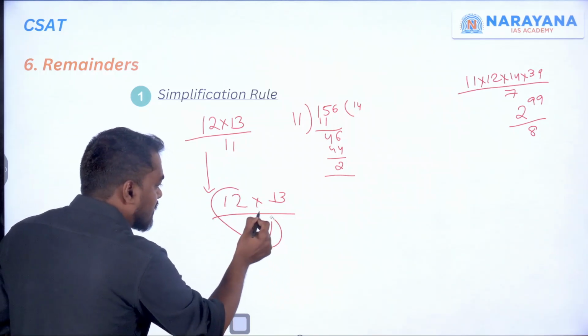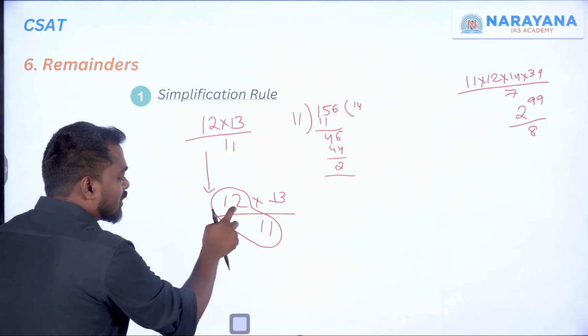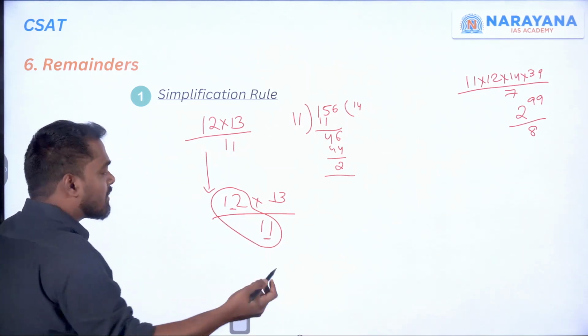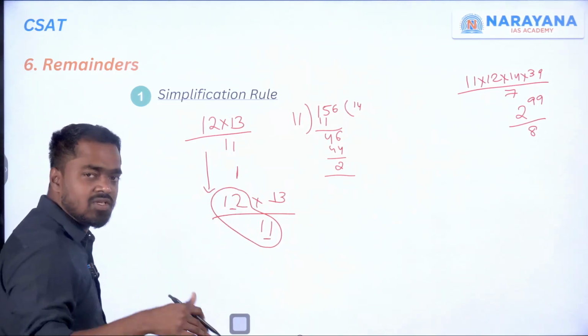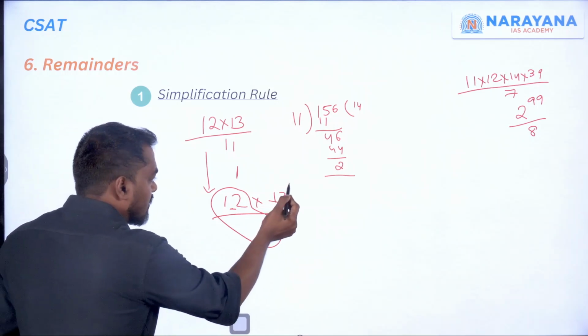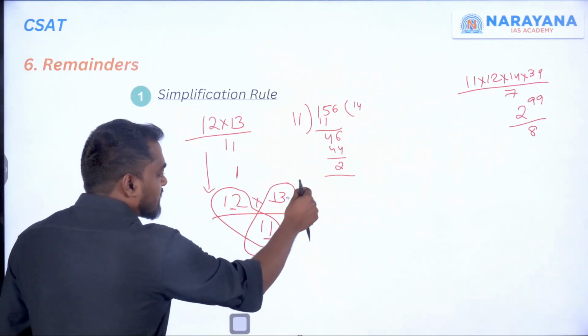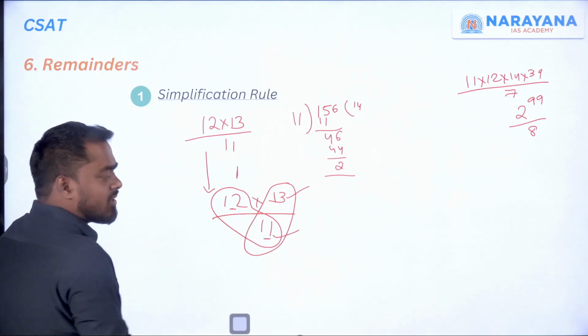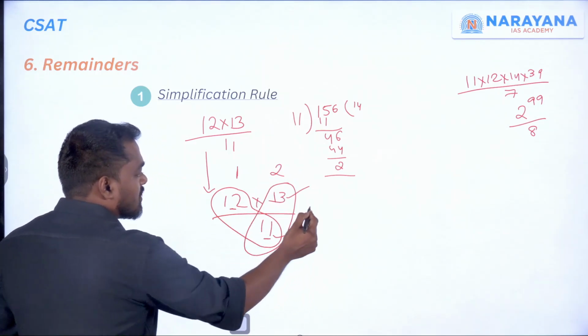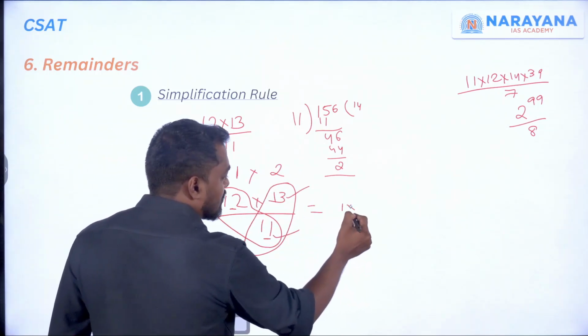Take first this one. If you divide 12 with 11, what is the remainder? 1. 11 ones are 11, remainder is 1. Next, do this division. Take 13 divided with 11, what is the remainder? 2. So, 1 into 2 is your remainder.